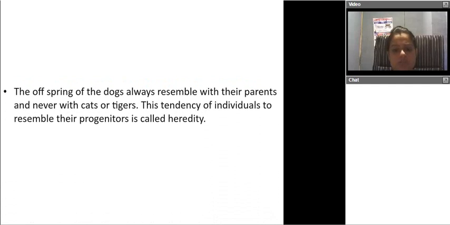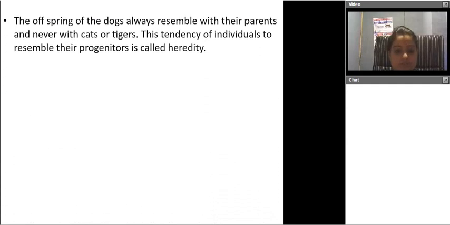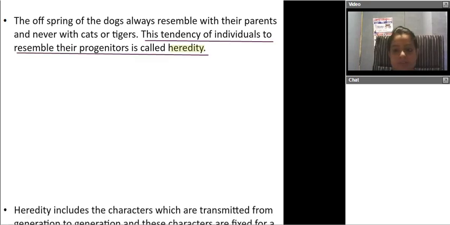Now, what do we mean by heredity? The offsprings always resemble their parents, and this is because of the process of heredity. So what is basically heredity? The tendency of individuals to resemble their progenitors, that is their parents, is called heredity.